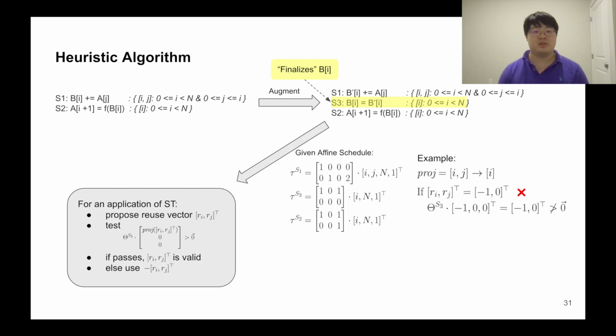On the other hand, for the reuse vector 1, 0, the result of this multiplication is 1, 0. The first non-zero entry is positive, so the heuristic algorithm decides that this reuse vector 1, 0 is indeed valid for the application of ST. Note that this result aligns with our initial 2 attempts at the SDR problem, and it is a test case that shows that our heuristic algorithm is indeed sound.